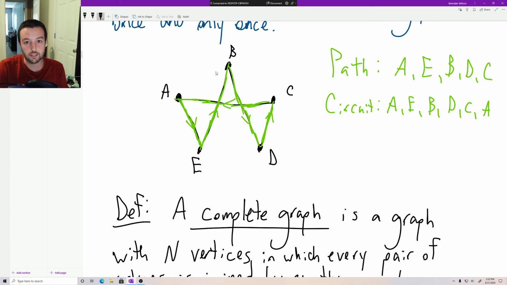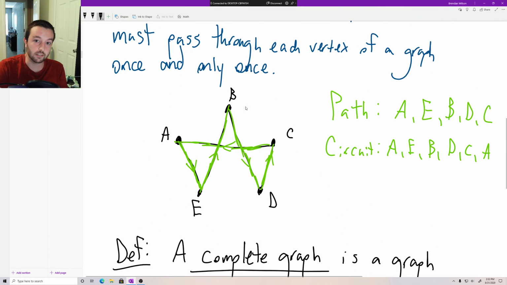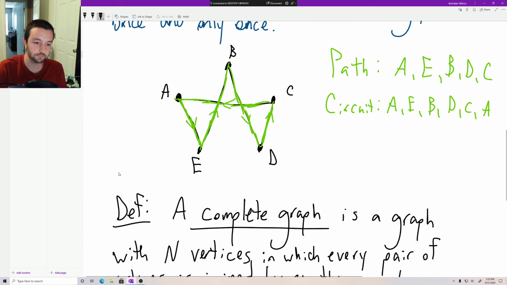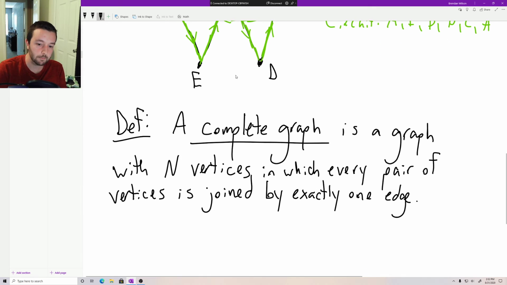Well, there are 0 edges here, right? A and B are not joined. So same with A and D. So this one's actually not a complete graph. You need to have one edge linking every pair of vertices exactly one time. So this one would not be a complete graph up here.